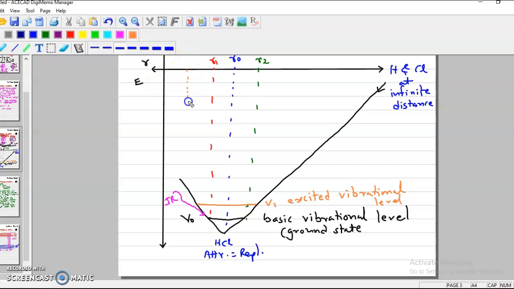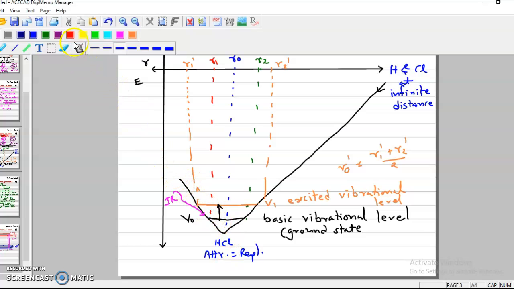So here we will see that this distance is R1 dash, and now this new distance is R2 dash. Okay, so for the excited state we will have a new distance R0 dash, which is R1 dash plus R2 dash upon 2. Okay, and the molecule moves from the zero vibrational level to the first vibrational level like this.